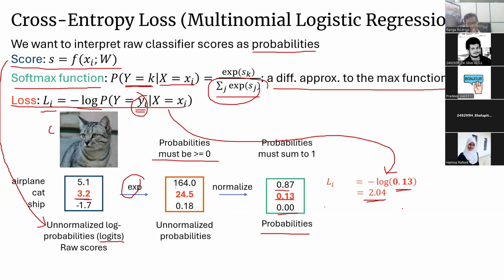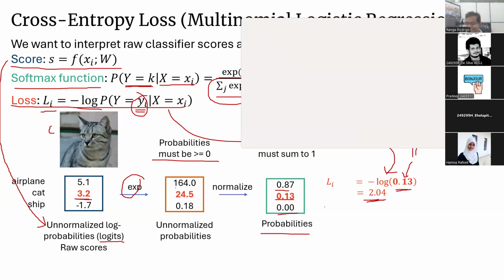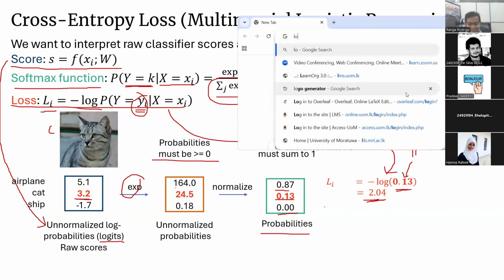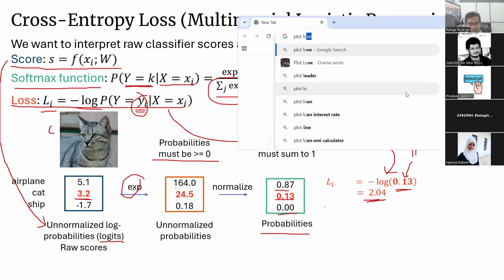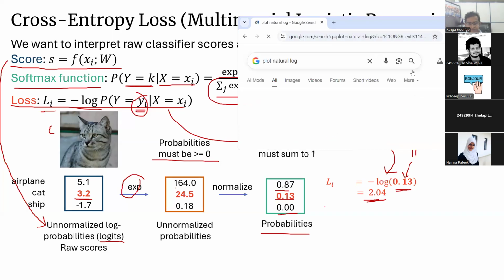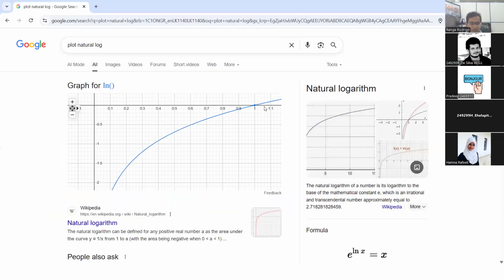It is high. But if you had a large number here, like 0.87, then this loss will be small, because of how the logarithm function behaves. The natural log function is like that, right?